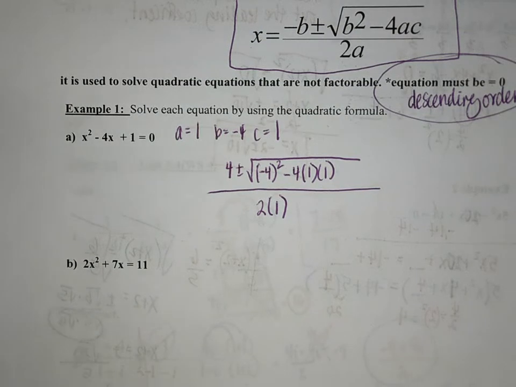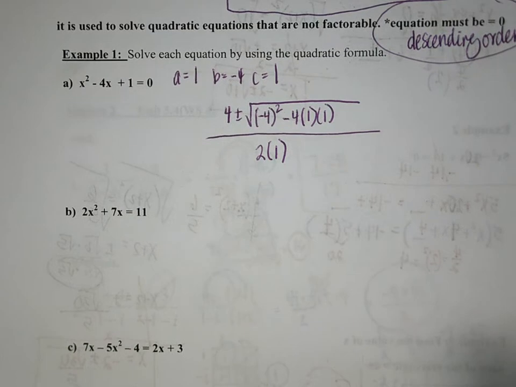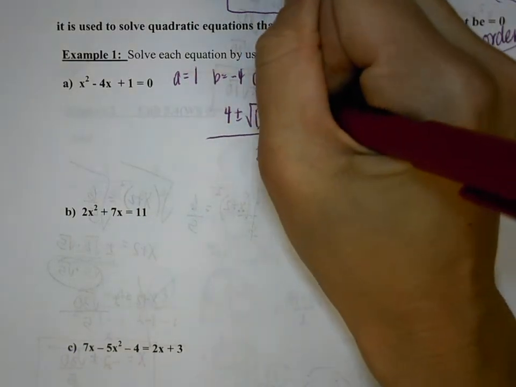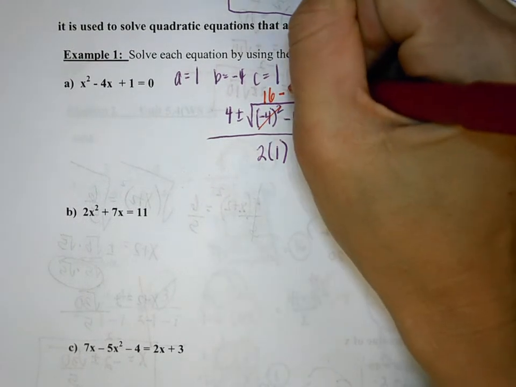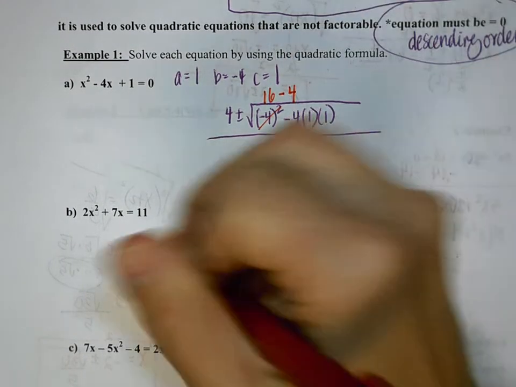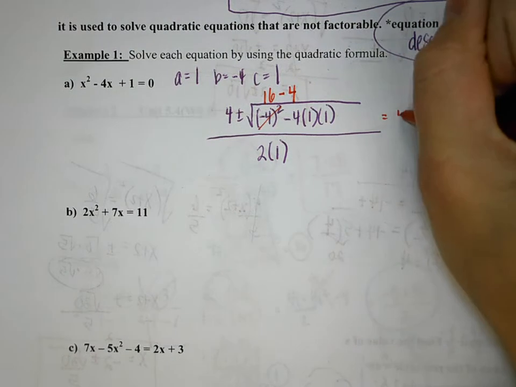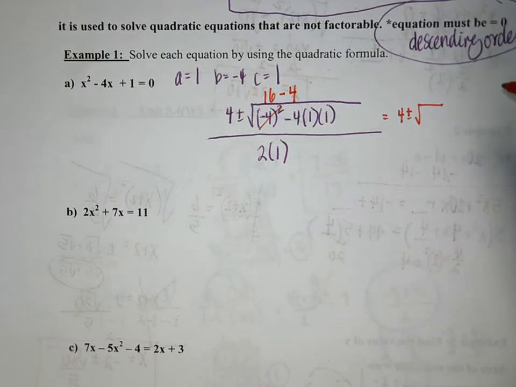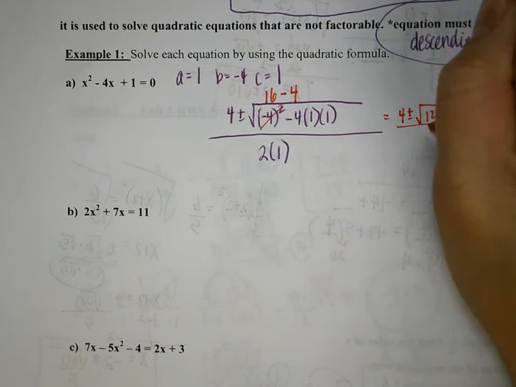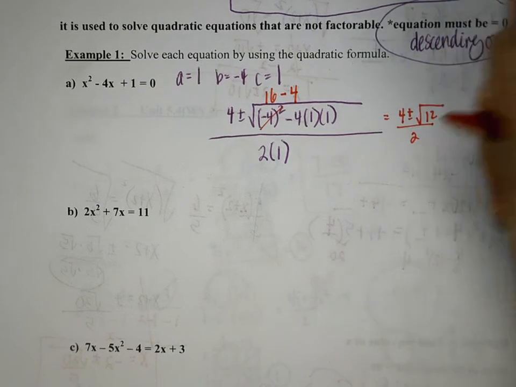And then all we need to do now is simplify. So what is -4 squared? +16 minus, and 4 times 1 times 1 is? Good. So when I rewrite this over here now, I'm going to write this as 4 plus or minus the square root of 12 all over 2.